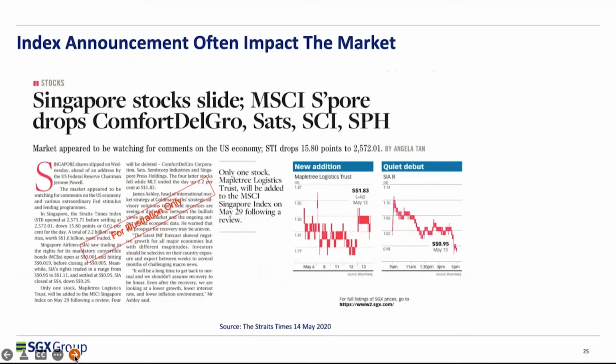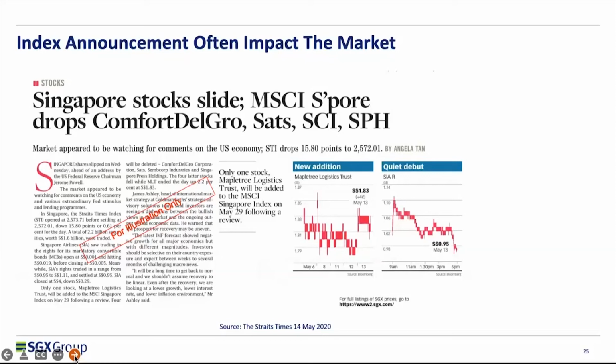So the power of the index applies to even country indices like China. If MSCI announced that they are going to increase its coverage, the impact will be felt on the stock market. Now, the next question is, why is this the case? How is it that whenever they announce such a change, it moves the market?